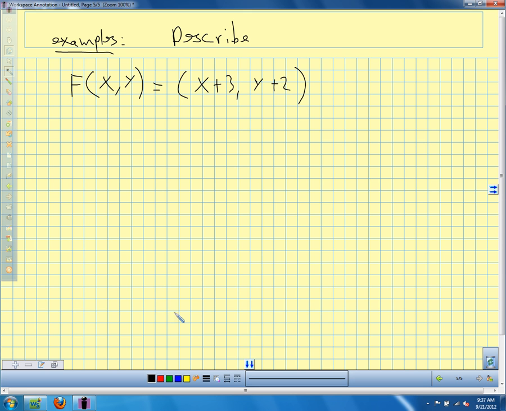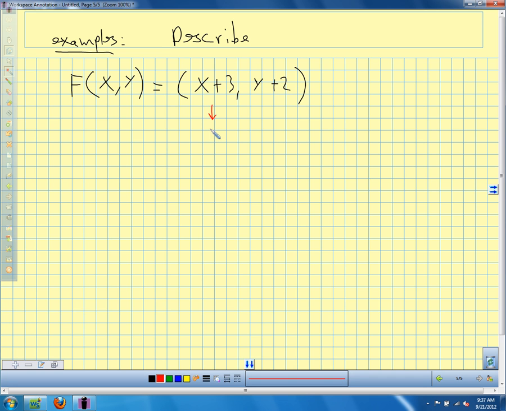Well, let's look at the x coordinate first. What are we doing to the x coordinate? Adding 3, and what does that do to the point? If we add to the x, does it move our point left or right?